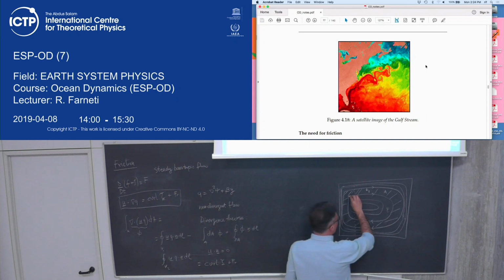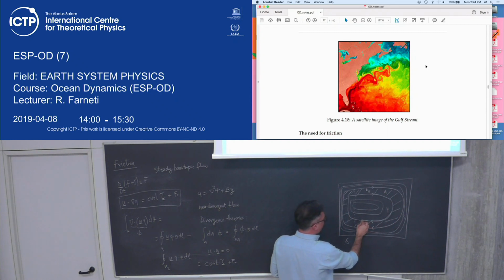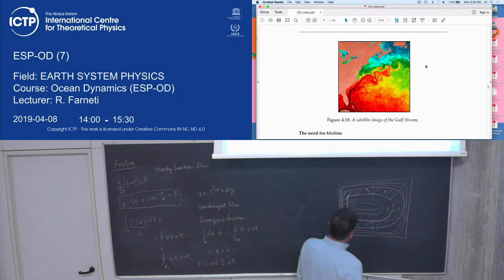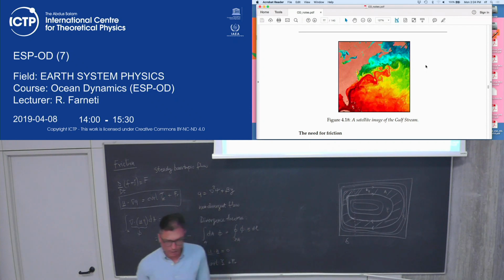So if you imagine you are a streamline, if in this region the curl of the wind stress is giving you an input of vorticity, you will have to go through some area where frictional effects are not negligible, like in this place, okay, where you can balance the input of vorticity that you have gained somewhere else. Okay. And so the nice idea is that every streamline goes through the frictional boundary layer.